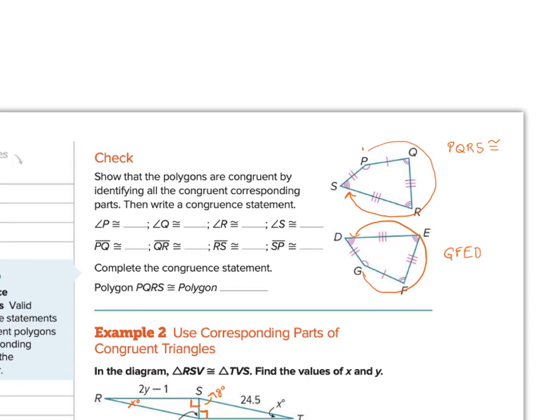So if I put this over here to make it a little easier to read with our question, PQRS is going to be congruent to GFED.